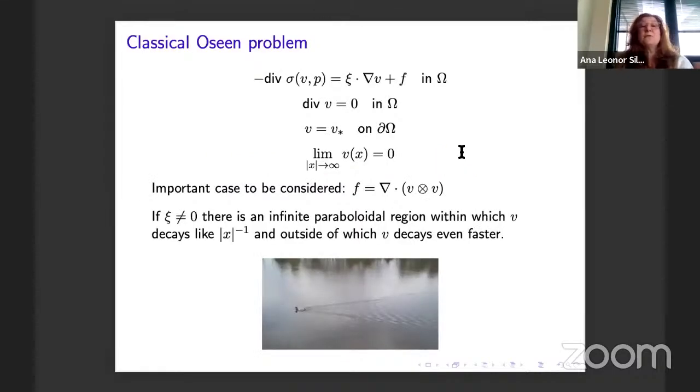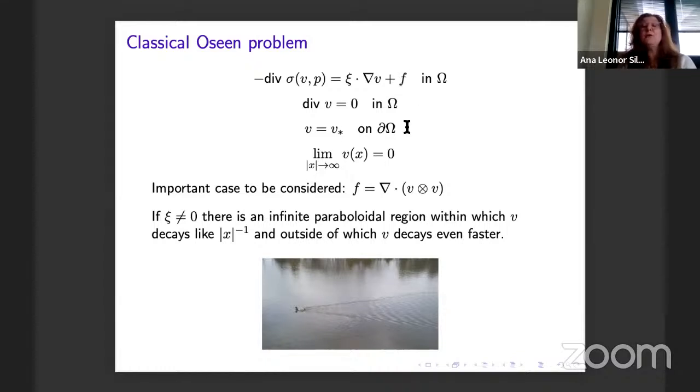The classical Oseen problem is described by this set of equations. This is the usual term in the Oseen equations. We can also consider here some external force and some velocity on the boundary. This is usually a problem in the exterior of a domain, in this case only a translating rigid body.